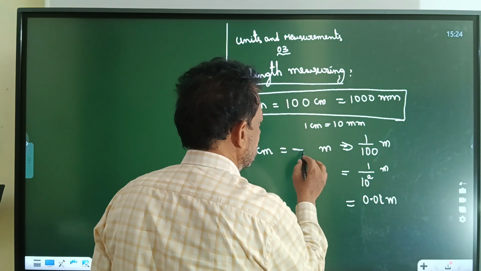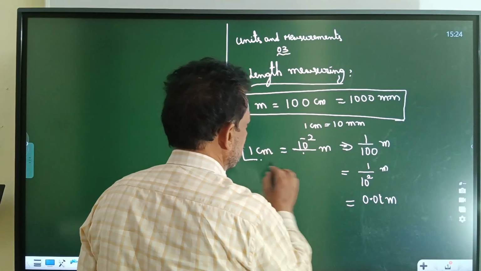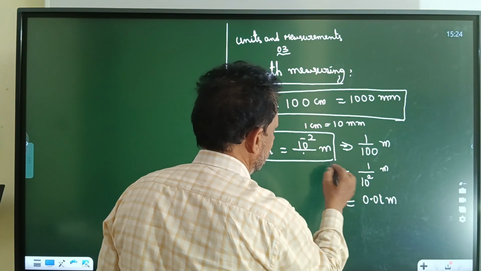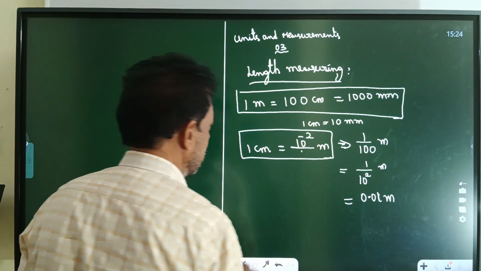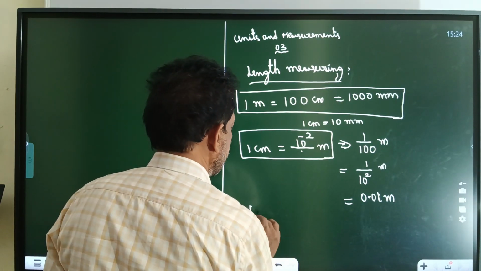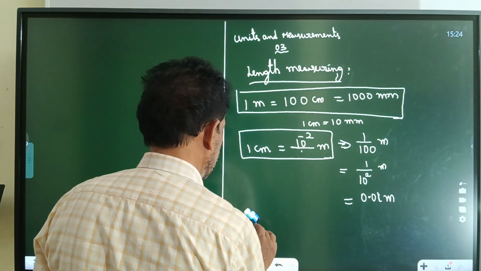The best value is 10 to the power of minus 2 meter. Conversions are very easy to do.